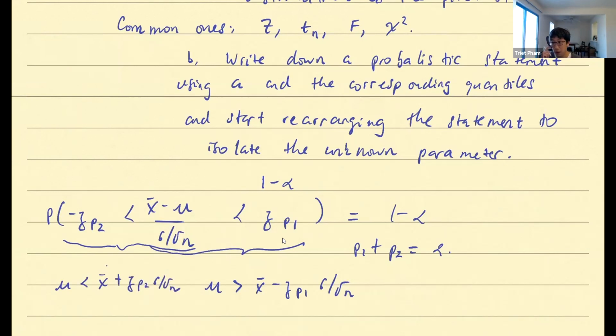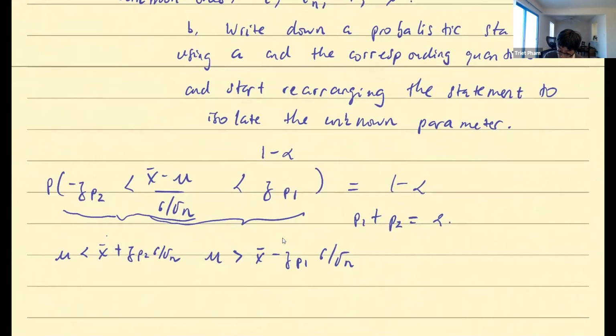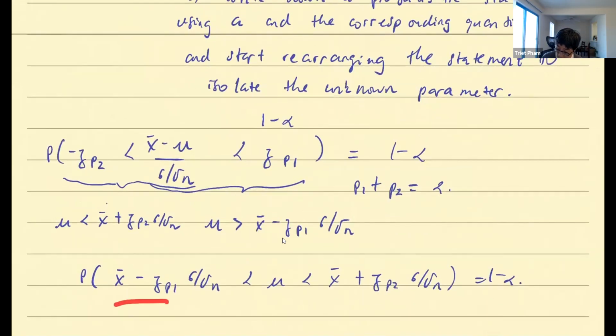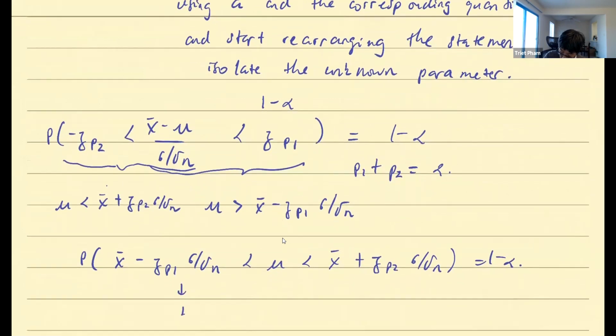And it just so happens that if you plug these two together, you get the probability that X bar minus Z_{P1} sigma over root n is less than mu, less than X bar plus Z_{P2} sigma over root n, is 1 minus alpha. And voila, that's your left point, and that's your right point. Is that okay?